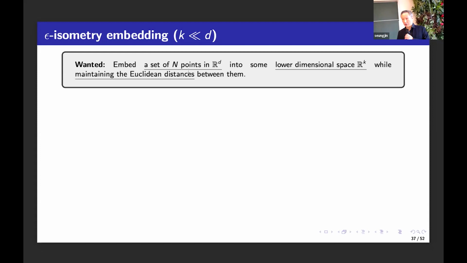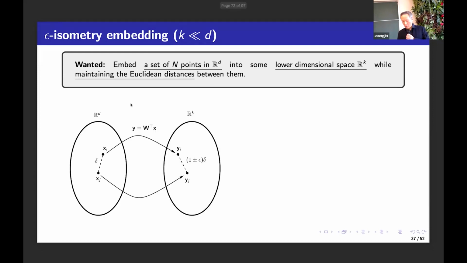So in the original d-dimensional space, the distance between x_i and x_j is delta. Then you do the random projection and embed your data into the k-dimensional space, and the distance between y_i and y_j is up to 1 plus epsilon times delta.